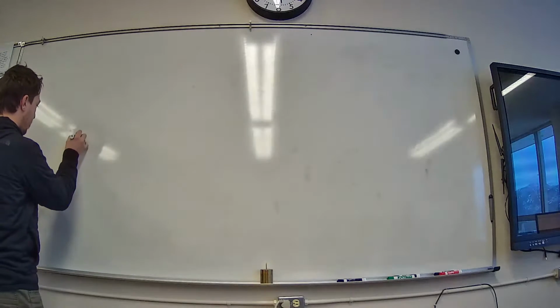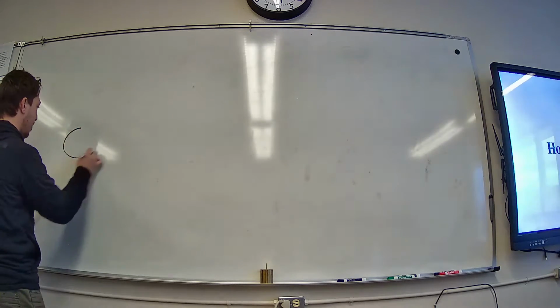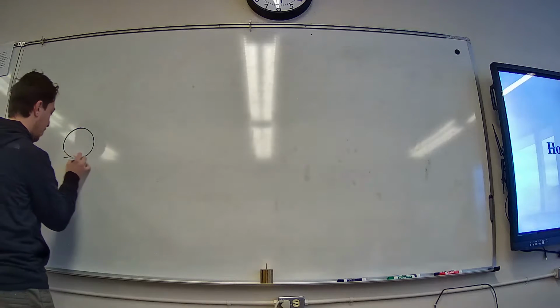Here's just a general question for you. I'm going to show you a little animation. This may be obvious to you, maybe not, so maybe you've never thought about it.